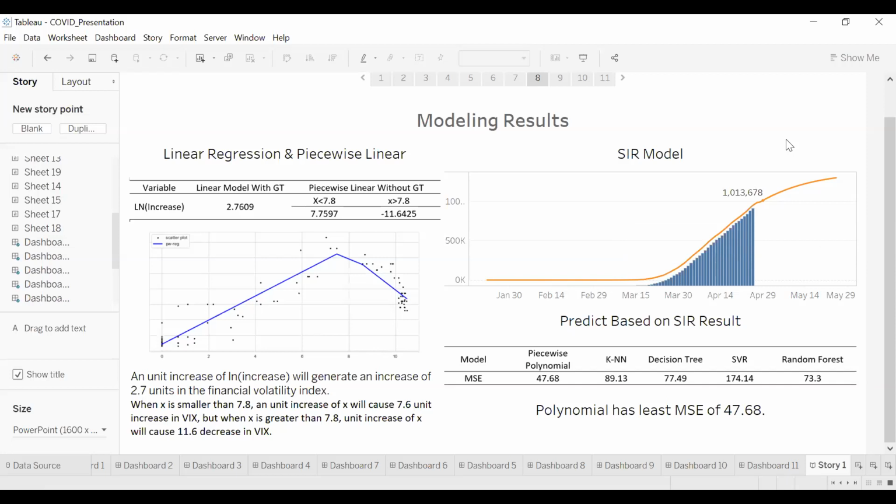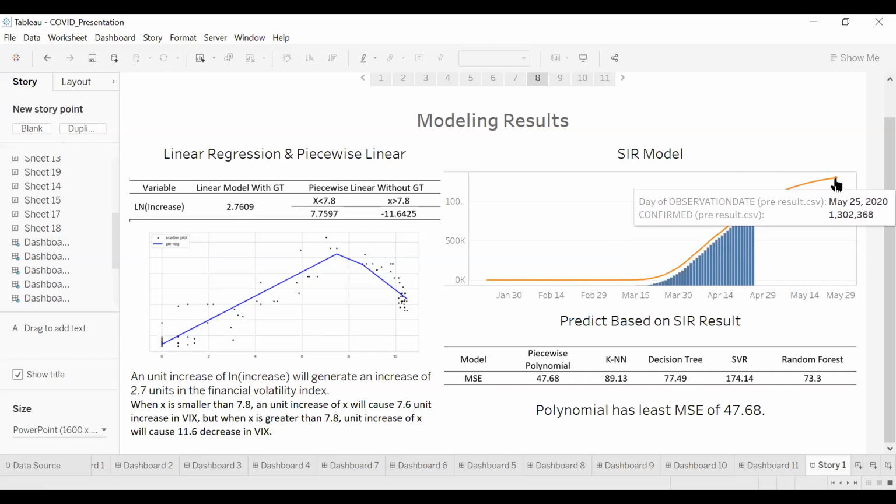The red part is the SIR model result, and we can see the orange line is the predicted result, and up to May 25 there will be confirmed cases over 1 million.